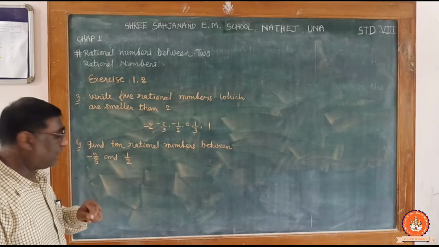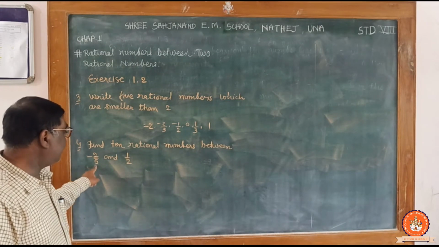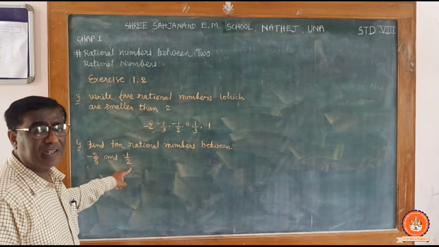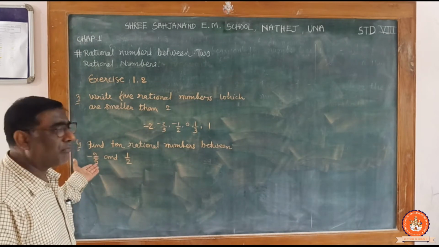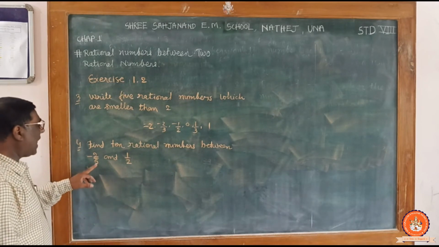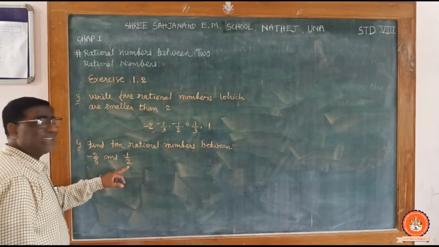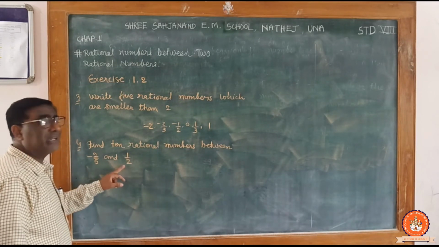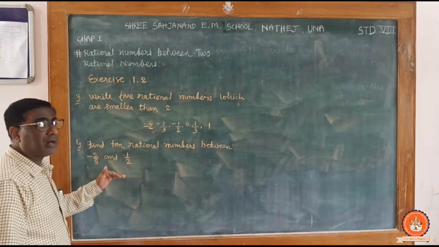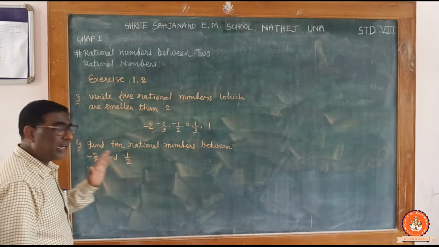And for that matter, the denominator of both the numbers must be the same, a common denominator. So convert both of them into a common denominator. See, 5 and 2. The LCM of 5 and 2 is 10. So we have to convert those numbers to have 10 as the denominator.